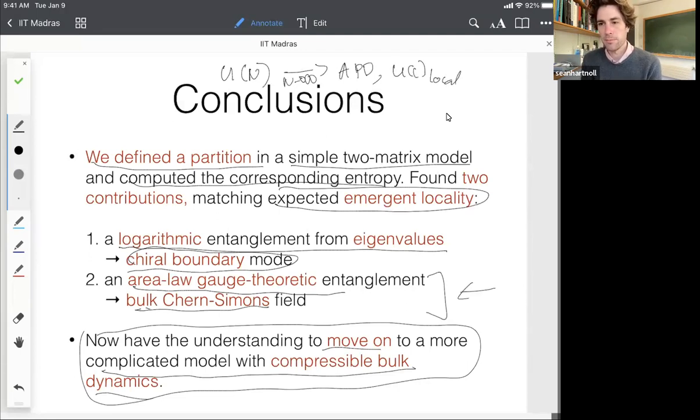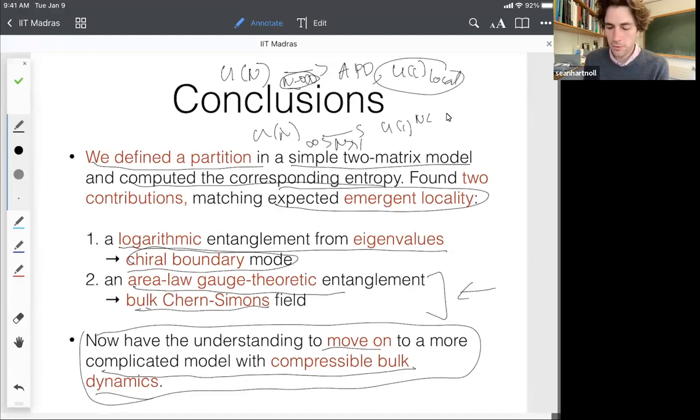And if N is very big but less than infinity, this U(1) becomes a non-commutative U(1), and you get a non-commutative Chern-Simons theory. So large but finite N is a non-commutative gauge theory. They're just equal.